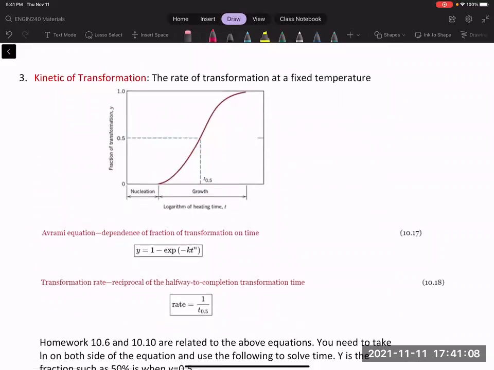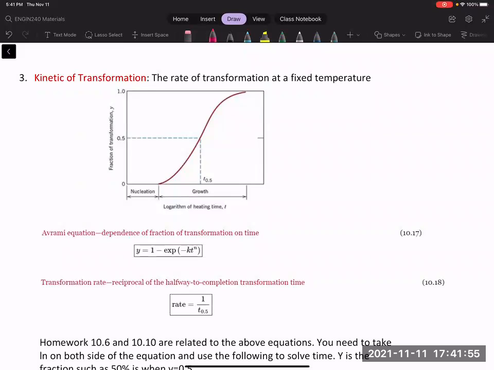All right, after the discussion about the growth and nucleation rate, we are going to look at the kinetics of the transformation. Temperature is one of the factors that affect the transformation, and time is another factor. Why don't we just fix one thing? This time we're going to fix the temperature. Let's say we transform things at the same temperature and keep that temperature for a while, and see how much of the material transforms to a certain type or microstructure.